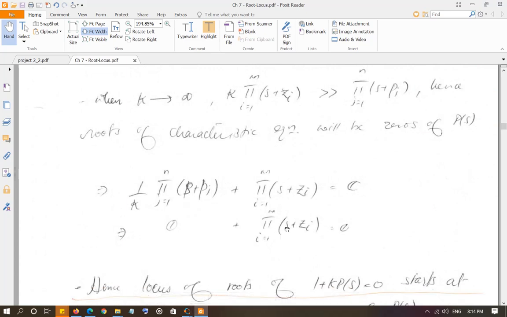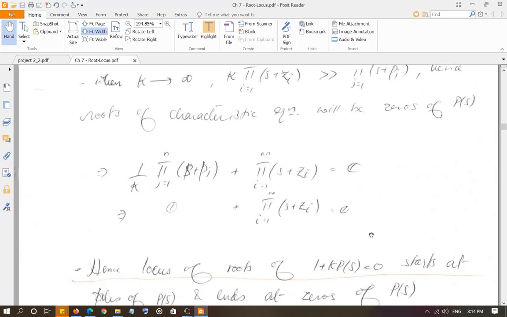The product of all the zeros equals 0 when k tends to infinity. And of course the roots of this are going to be what? Zeros of 1 plus kgs. So that means when k tends to infinity, the root loci are heading towards zeros. That means they start at poles of 1 plus kgs or 1 plus kps, whatever you want to call it, and they end at zeros.